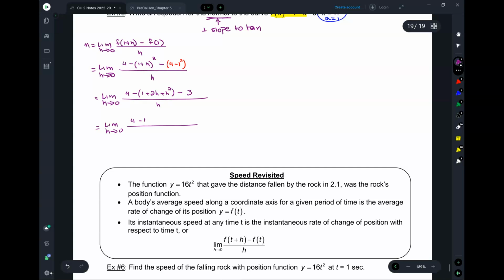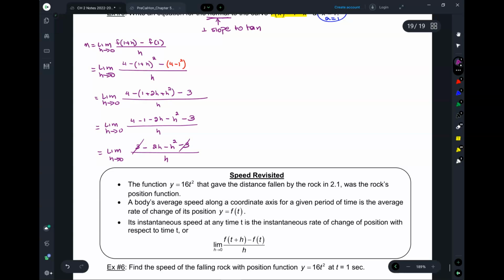So 4 minus 1 minus 2h minus h squared minus 3 over h, which means this is the limit as h approaches 0 of 3 minus 2h minus h squared minus 3 over h.